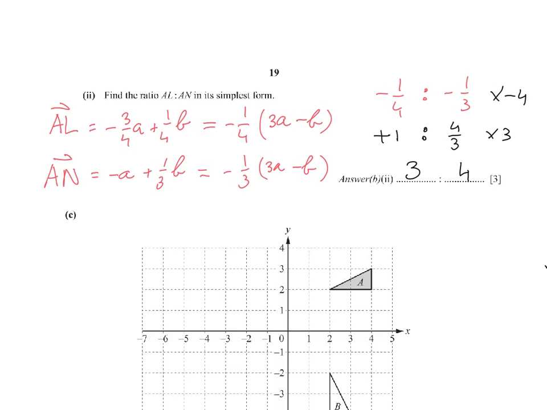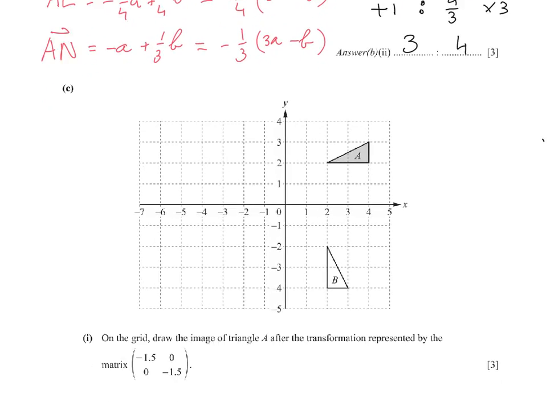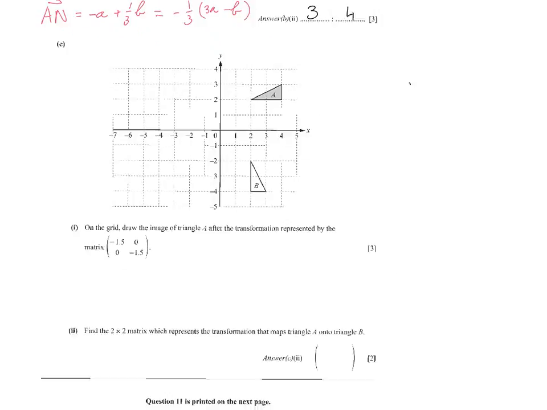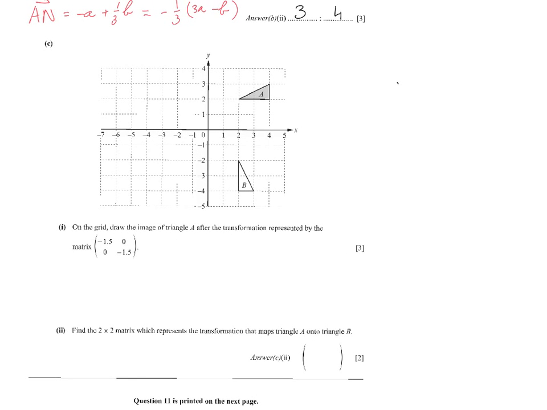There you go. And then the question continues with C, which is about transformations. We're going to make it slightly smaller. There we go. Transformations and matrices. It says on the grid, draw the image of triangle A after the transformation represented by the following matrix. Now, you approach that by finding the coordinates of the vertices of your shape.